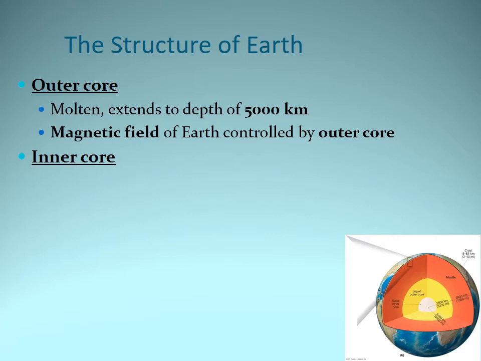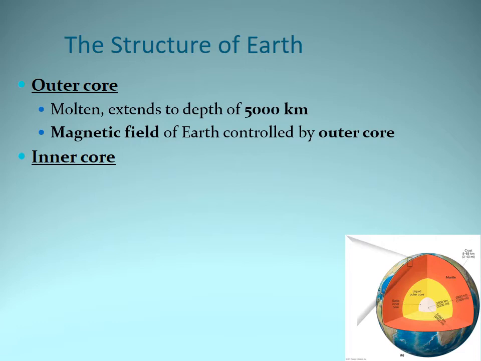The magnetic shield, which actually protects life on Earth and produces the aurora borealis and the aurora australis, the northern lights, is produced by the outer core because of certain elements that are in the outer core, iron and so forth, and radioactive material in addition to that, which will set up a huge magnetic, sometimes we call it field, sometimes we call it shield, that helps keep many of the sun's harmful radiation out of the lower atmosphere.